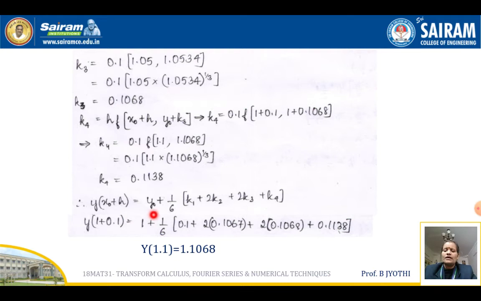That is y naught plus 1 by 6 times of k1 plus 2k2 plus 2k3 plus k4, which on substitution and simplification we are getting 1.1068. This is the answer.